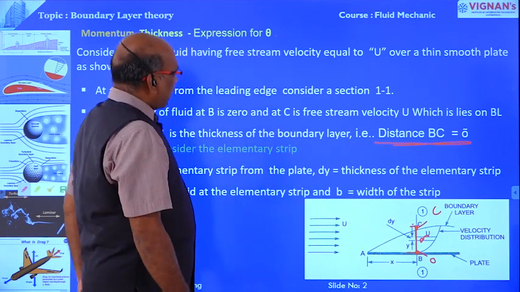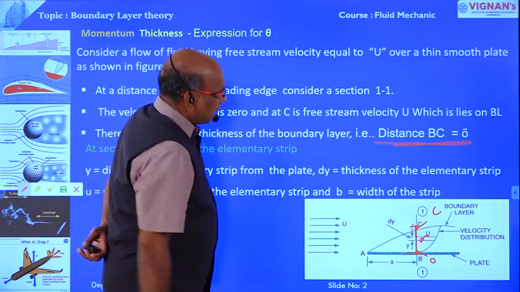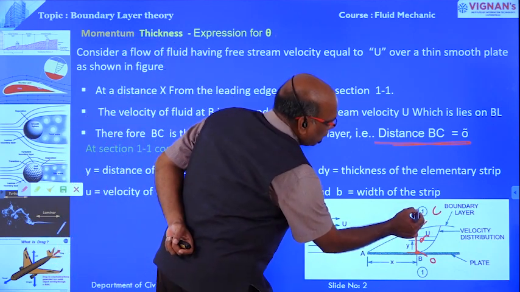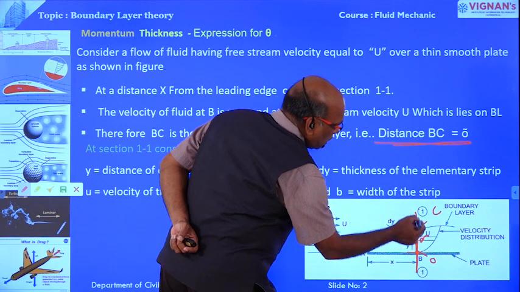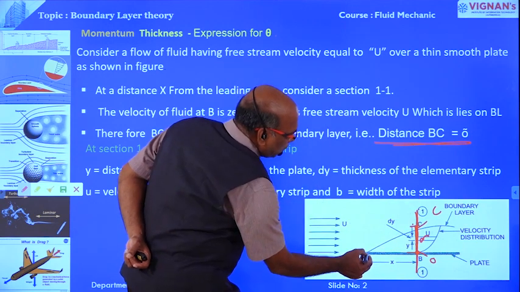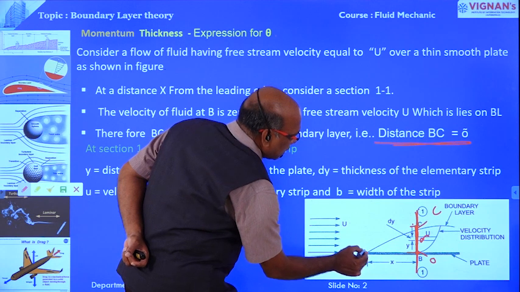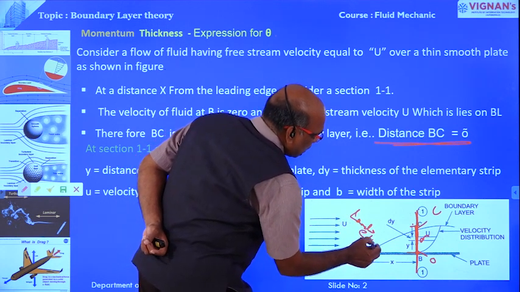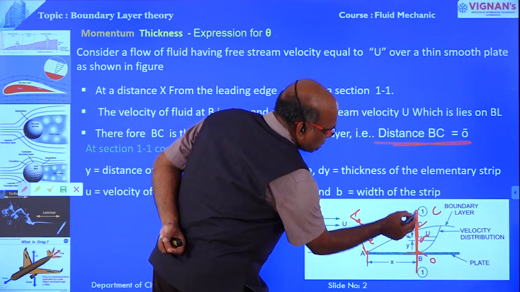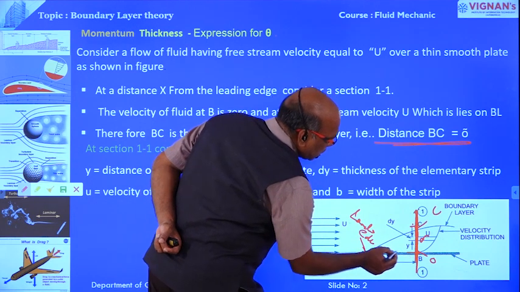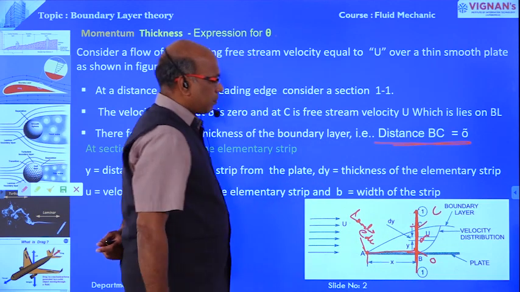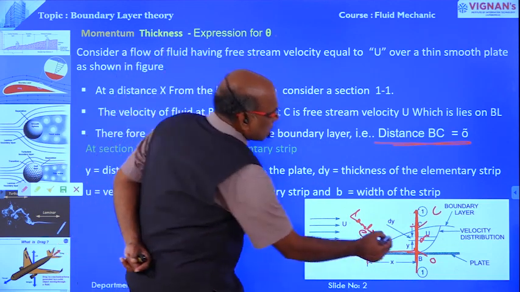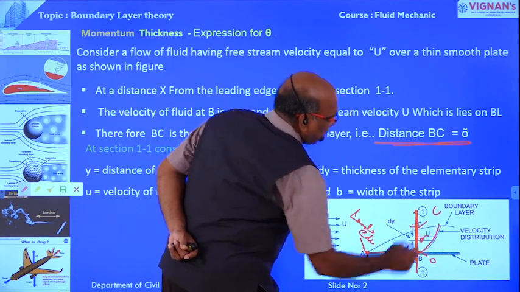Now again consider a section 1-1, that is x distance from the leading edge. This is the leading edge. This is the velocity profile.